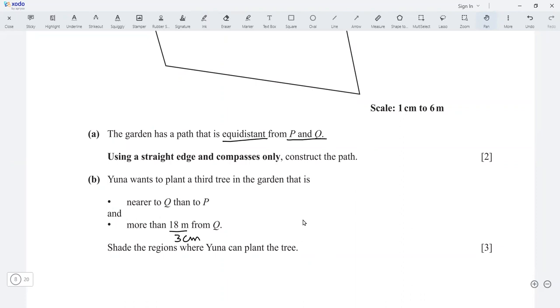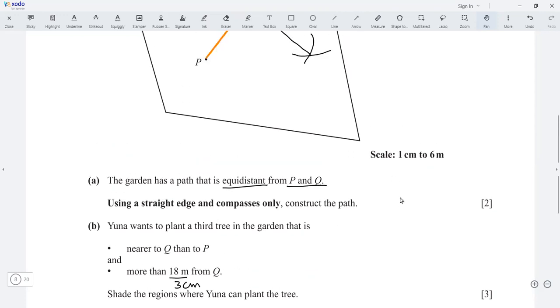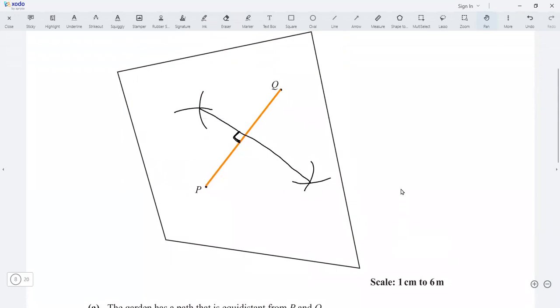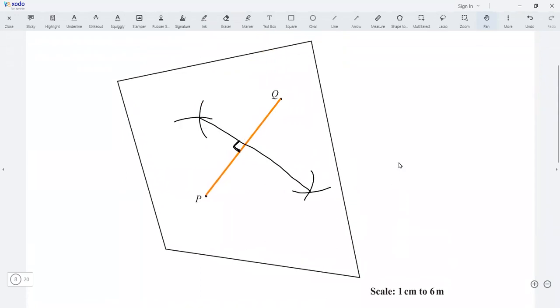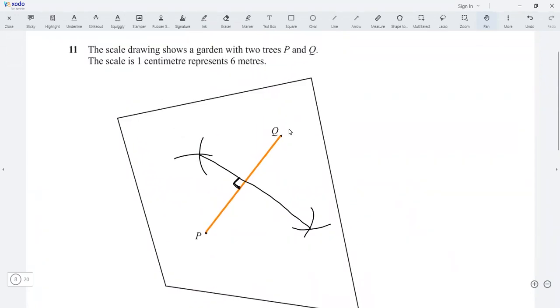So we have to simply make a circle. Why? Because they're saying there is a fixed distance from a specific point. Means 3 centimeters from Q, so first of all we make a circle with center Q.